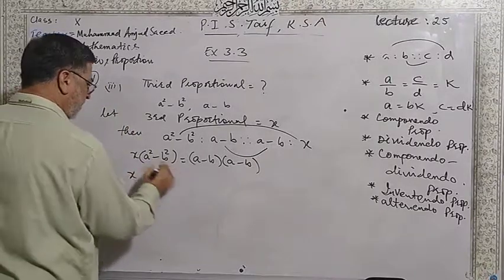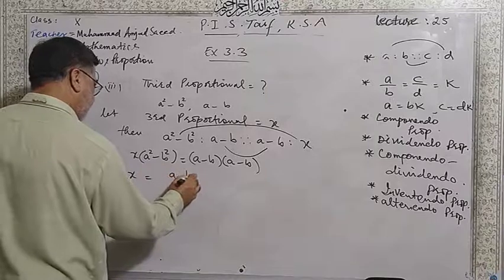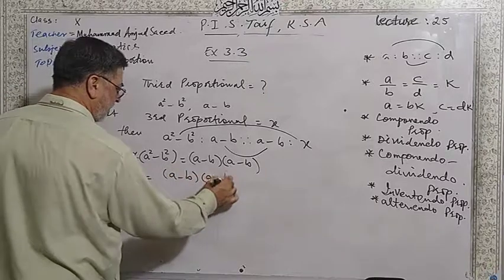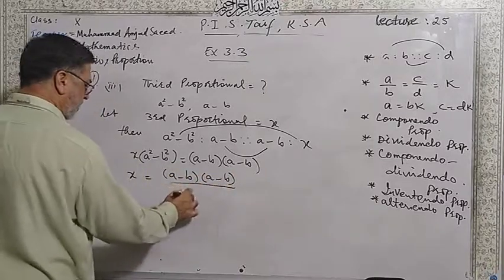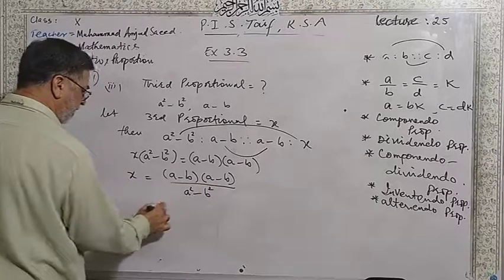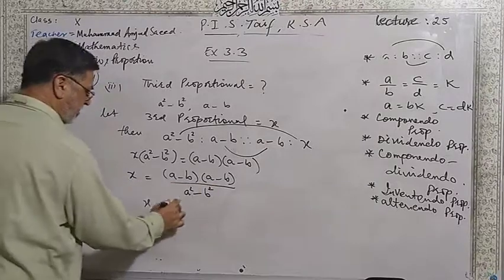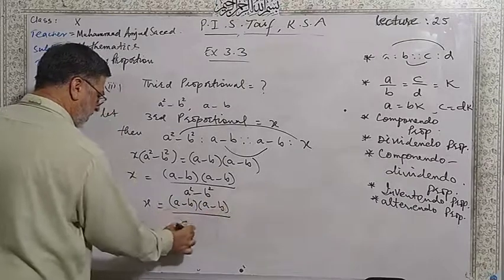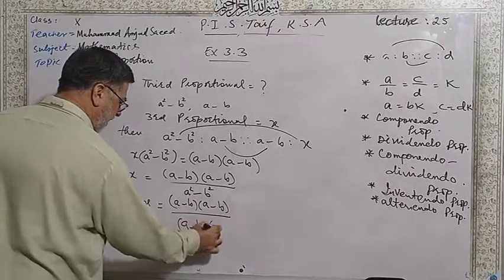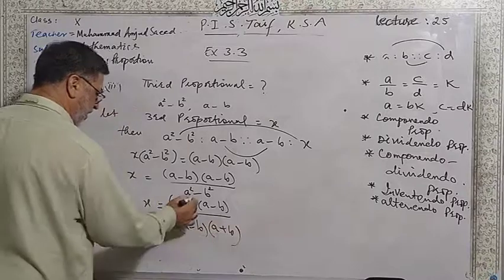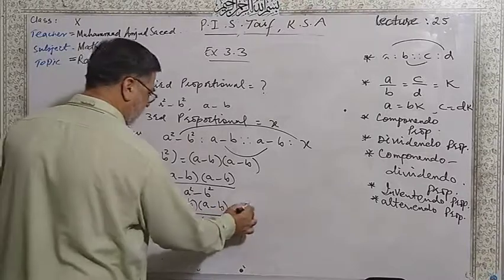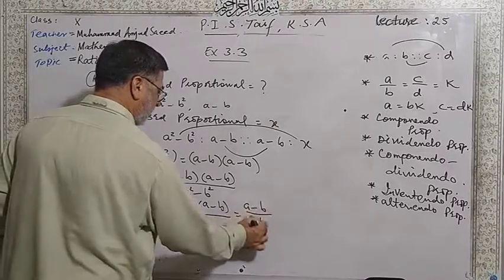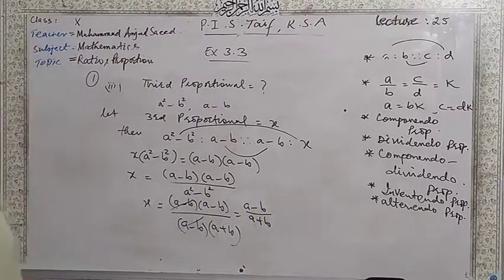You can take a square minus b square on the other side, a minus b into a minus b divided by a square minus b square. So a minus b into a minus b, open up the formula, a square minus b square is a minus b into a plus b, a minus b cancelled out, we are left with a minus b and a plus b.